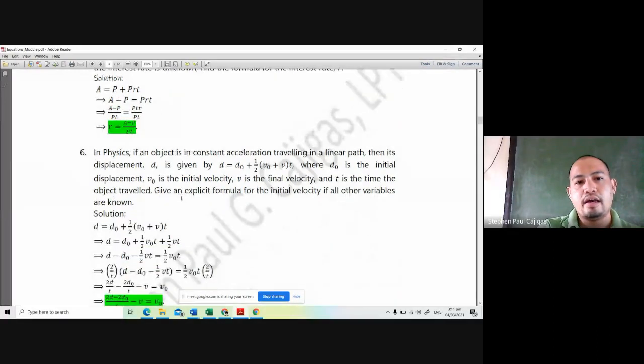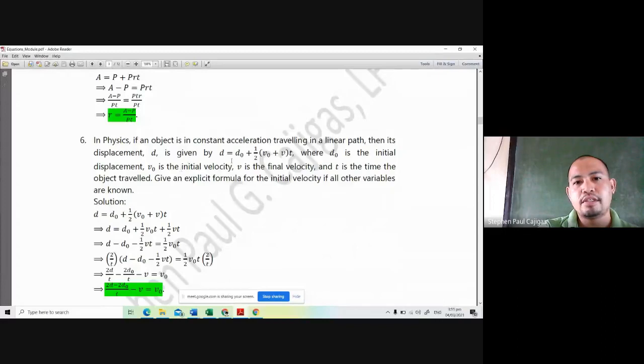And then it's the same here in example 6. We have wala pa ako mag-physics but once you go to physics, you will be encountering this. So if you have the distance or the displacement, and then we have the initial velocity, and then the final velocity.